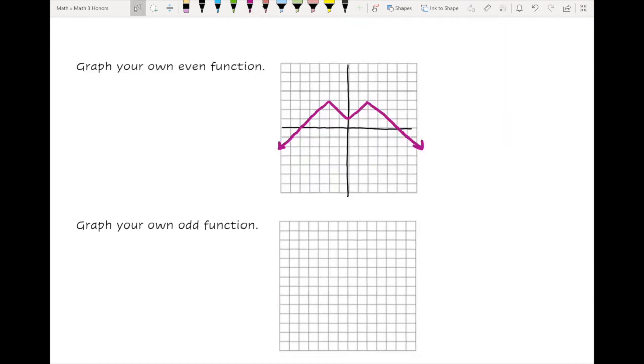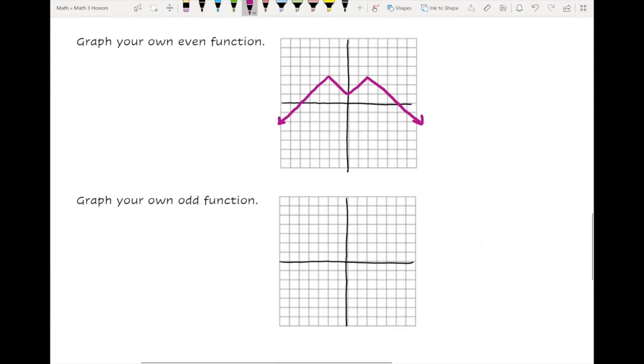So now I'm going to come up with my own odd function. Here's my x-axis, my y-axis, and whatever my odd function is, I should be able to rotate around the origin by 180 degrees and make it match up exactly the same. So I think I'm going to do just a straight line. This is the line y equals x. If I rotated this around, so I'm going to pick 2 points here, 3, 3.